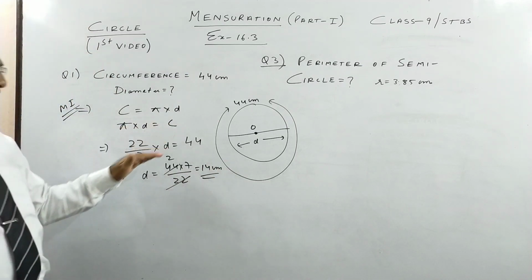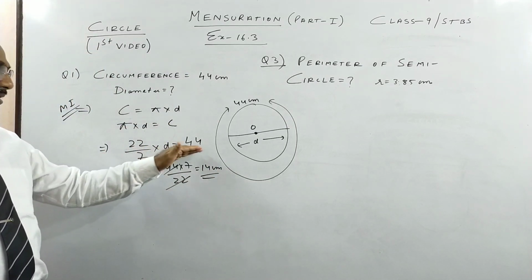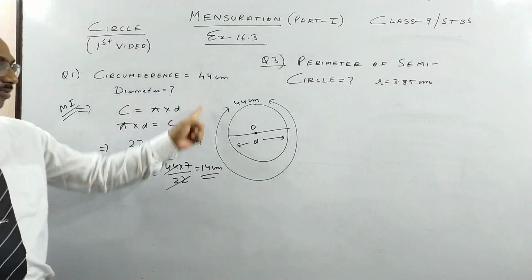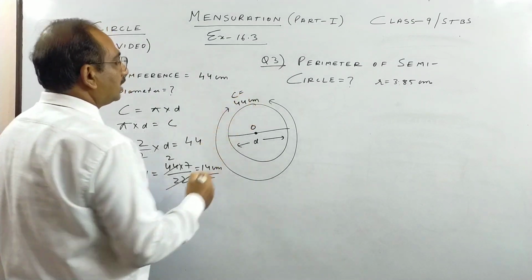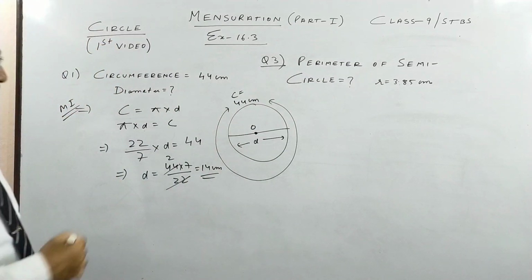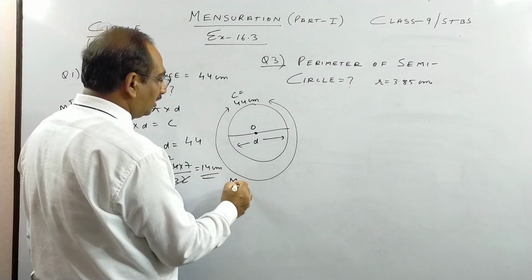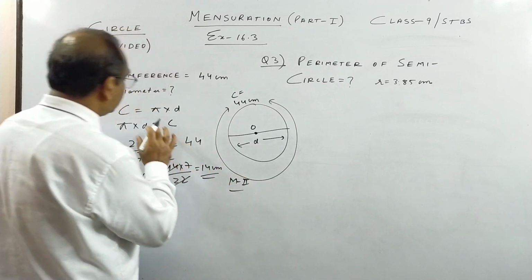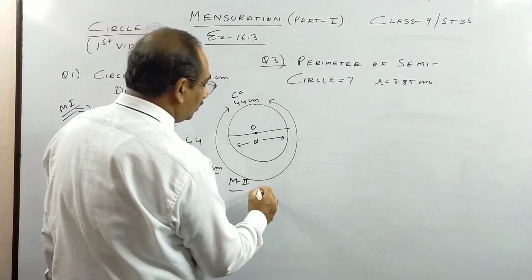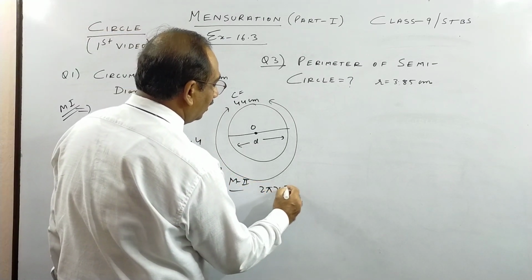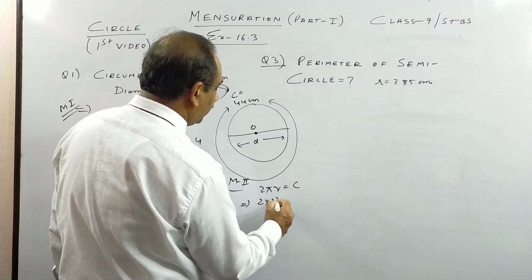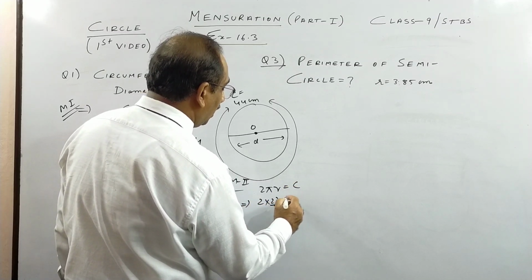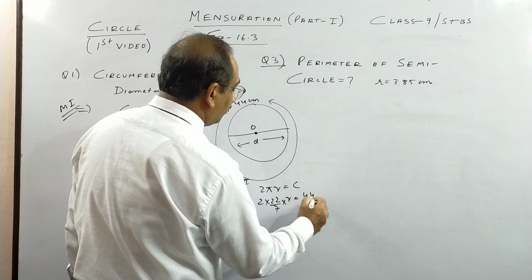Once more, pi d is C, we put pi, d, and the value of C, the circumference of the circle, 44 centimeter. So we get the diameter directly. Method 2 will be longer, children. Some children say, sir, we will take 2 pi r. So 2 pi r is equal to C, 2 into 22 by 7 into r is 44.